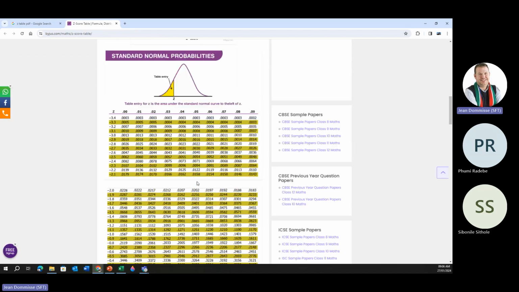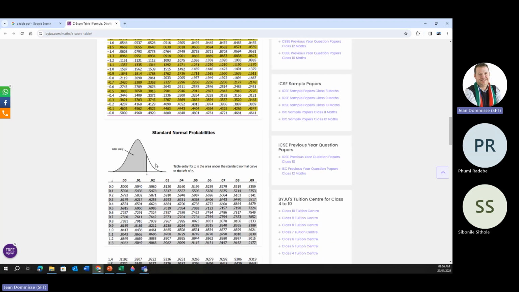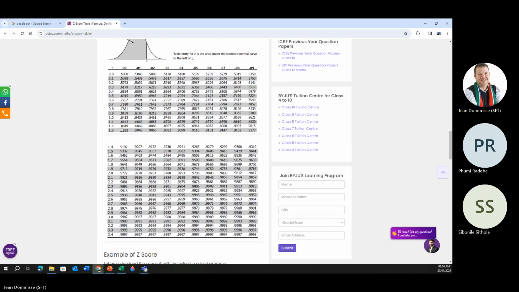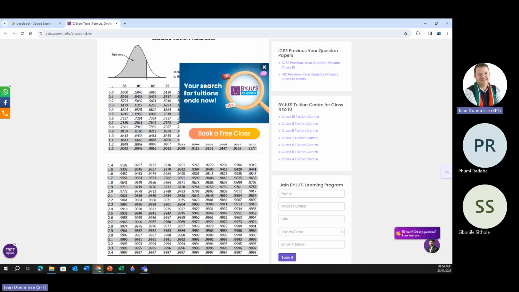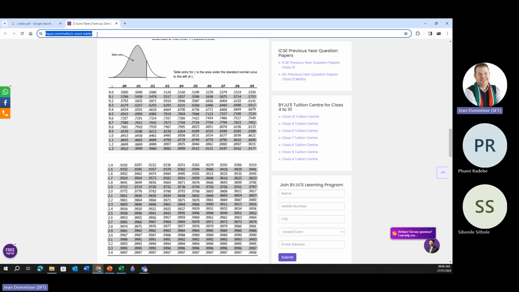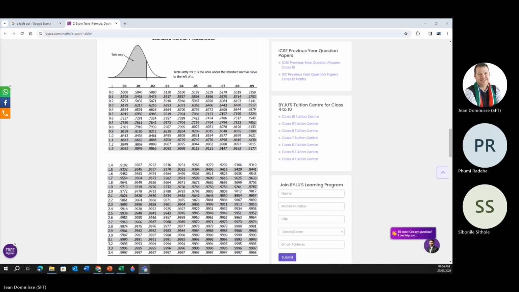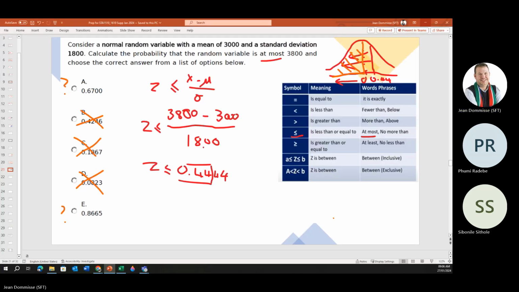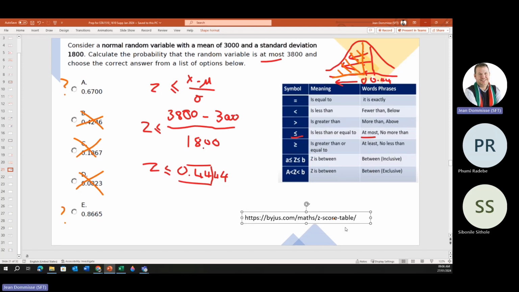Okay, so we said 0.44, 0.4, 0.44. Okay, so 0.67. I'm also going to put this into the chat if anybody wants to access it. So again, if you don't have a table close by, here's one that you can access.